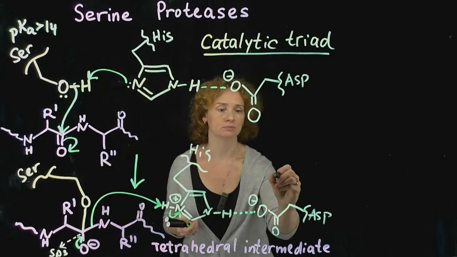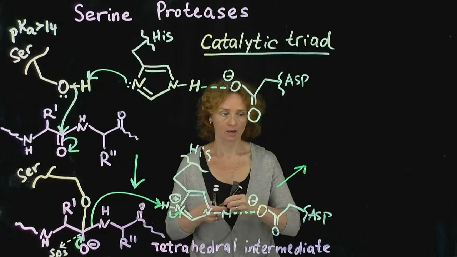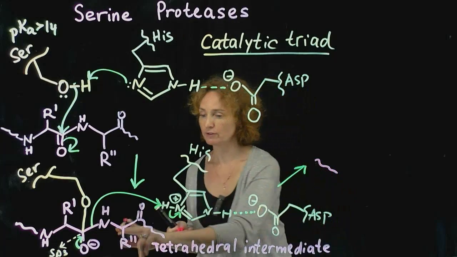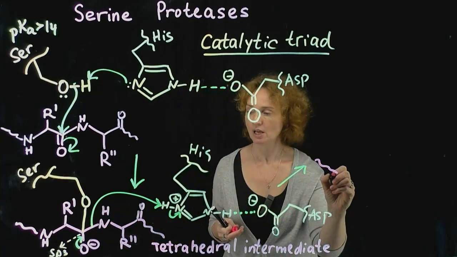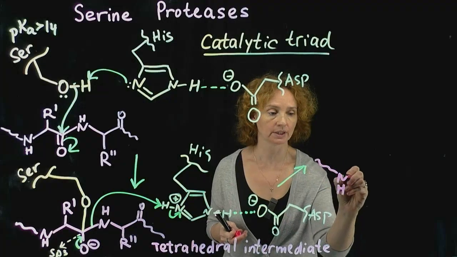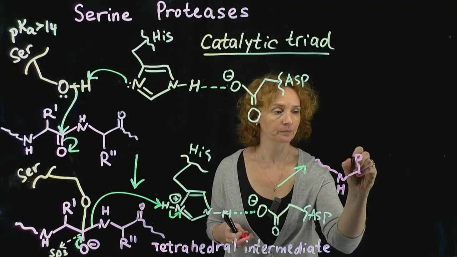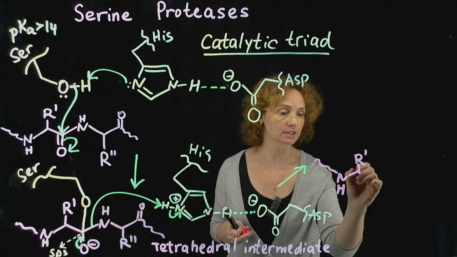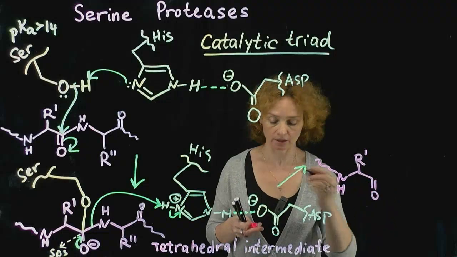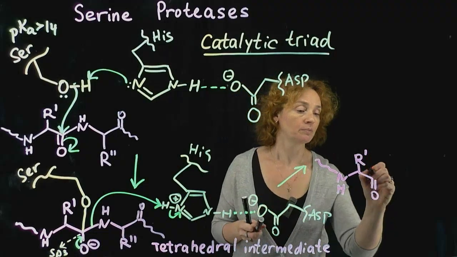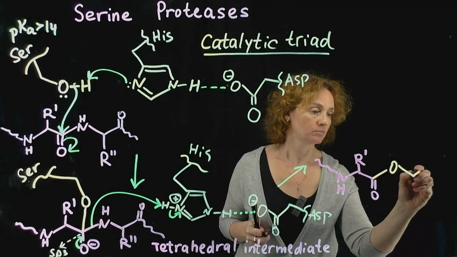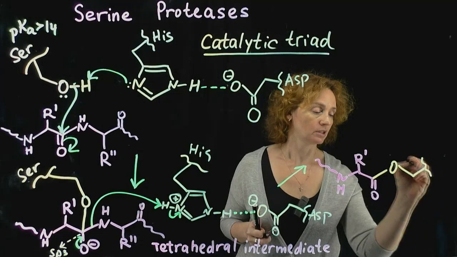And so we will have the cleavage of this bond, right? And so we will have only the N-terminal fragment of the original peptide still staying in the active site of the enzyme, now in the form of acyl enzyme intermediate.